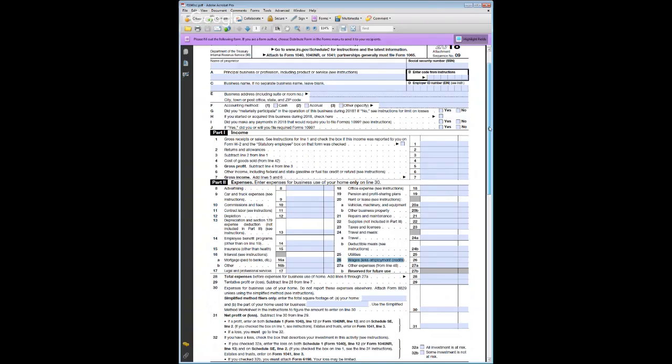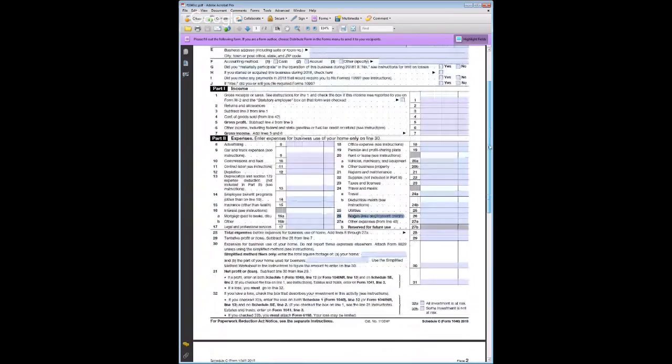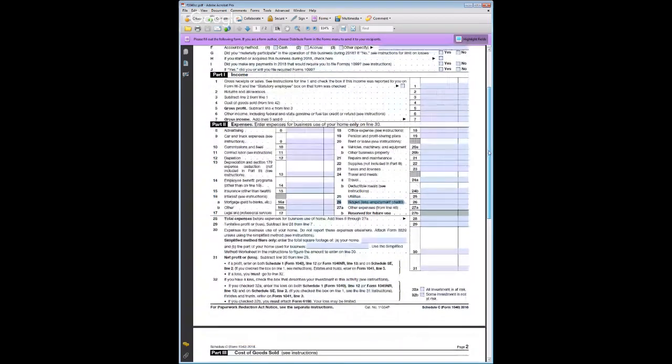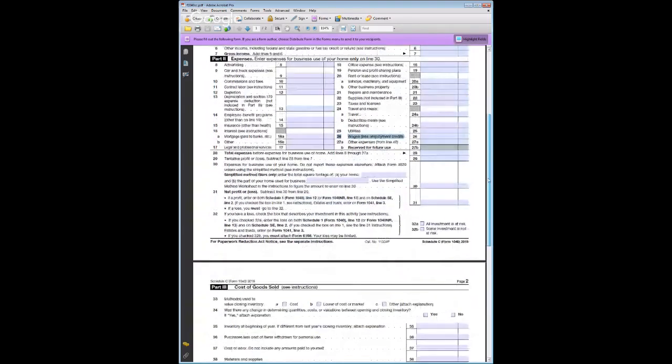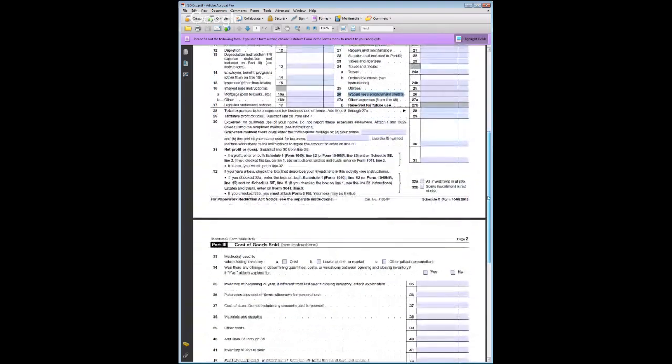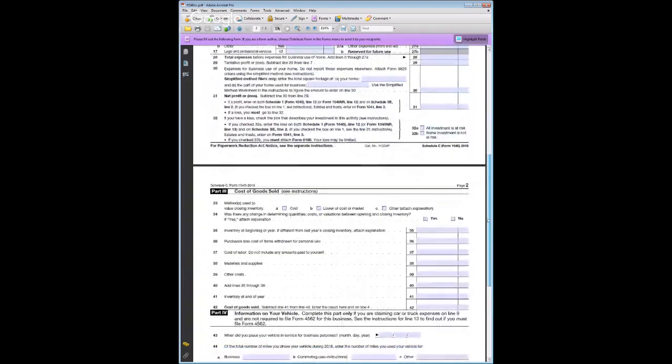Yes, and nowhere on the Schedule C does it show owner's equity or owner's draw.